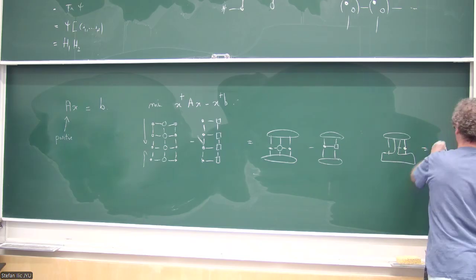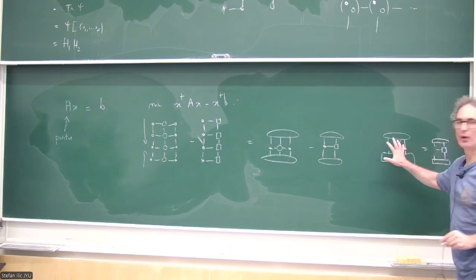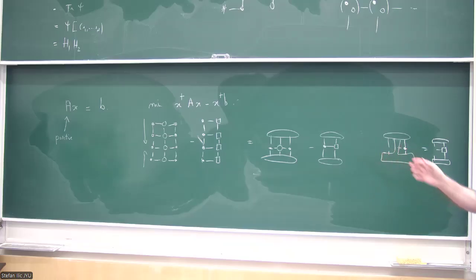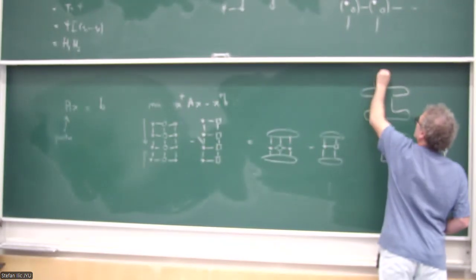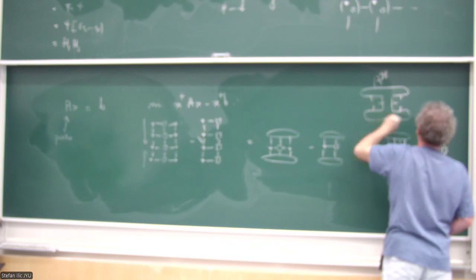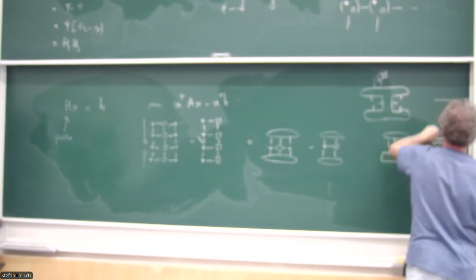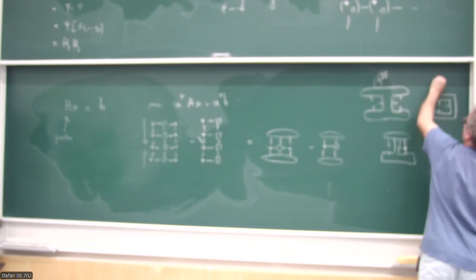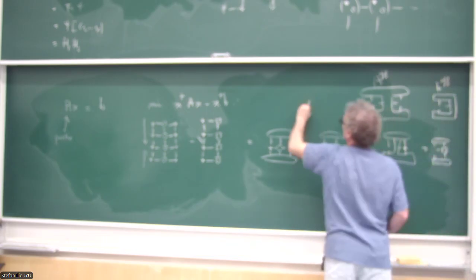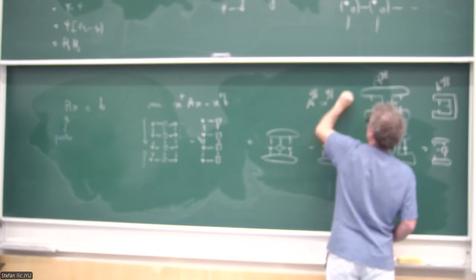You have to solve a linear problem for an effective matrix A. It would be A effective on this thing, and on the right would be B effective. So you have to solve A effective, X effective equal B effective.